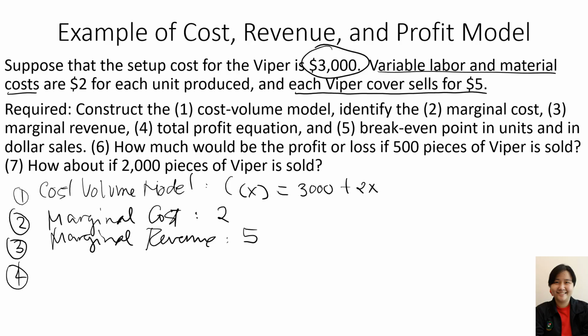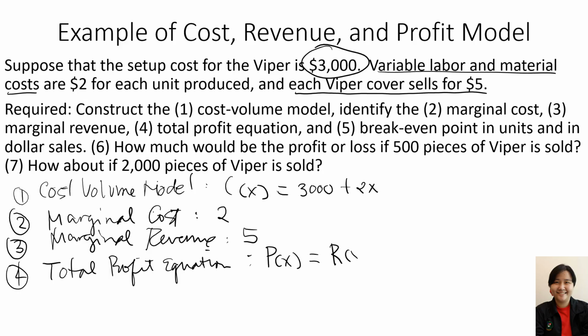The fourth requirement is to find out the total profit equation. So PX is equal to, so to find profit, that would be the total revenue minus total cost. Or in other words, RX minus CX.